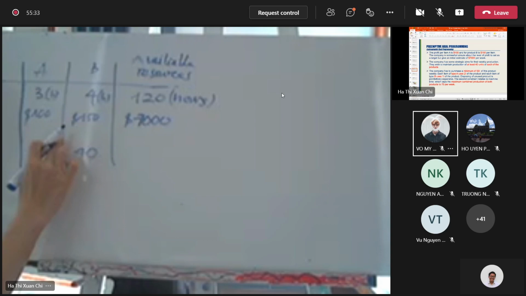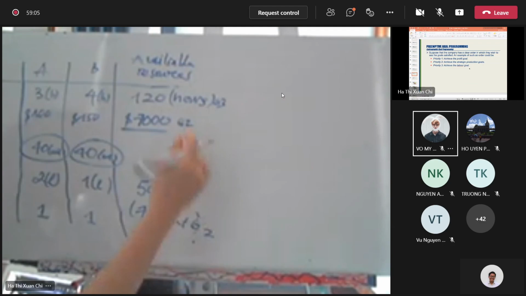After we summarize, we put the information in this table. So right now we can write the formulation. This is row 1, row 2, row 3.